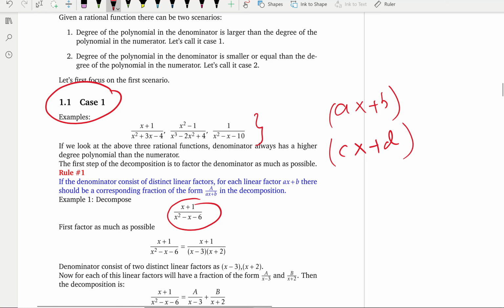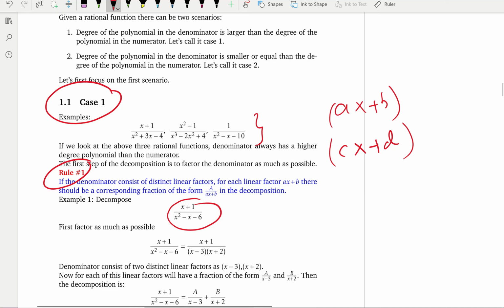So let's say these are the two factors. Now the rule is when you have distinct linear factors in the denominator, for each linear factor there will be a corresponding fraction in the decomposition in a specific format.